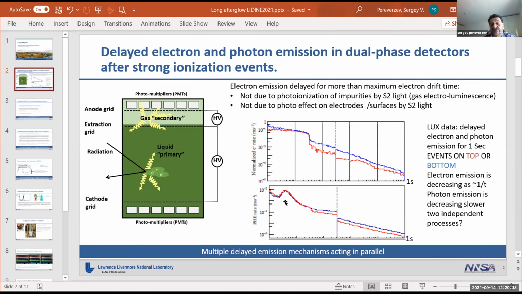And there is also delayed emission of photons, and the time dependence of delayed photon emission is slower, which is likely telling us that there are two not very strongly connected processes responsible for electron emission and for photon emission.